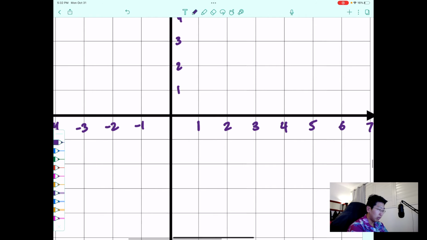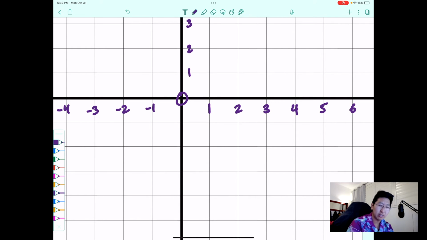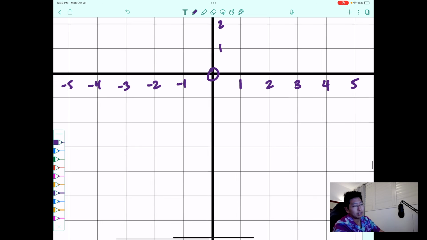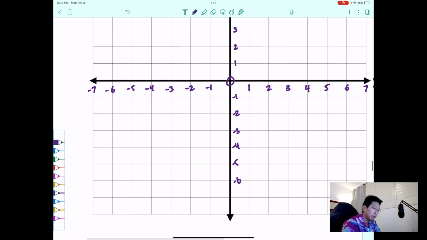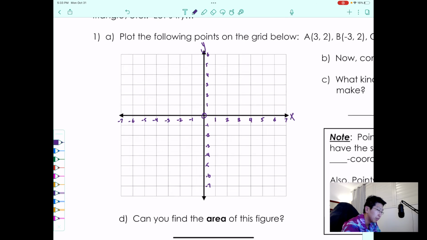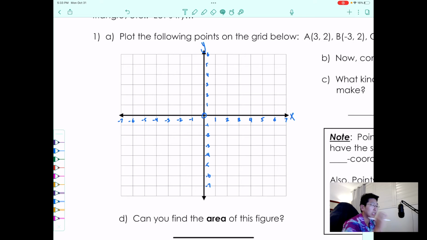Don't forget 0 is right here, right? 0. That's our origin. You don't necessarily need to put 0, but if you want. And then here we have -1, -2, -3, -4, -5, -6, -7. All right. I like to do this in a blue color, so I'm just going to change this to blue. It's just easier to see on Notability.